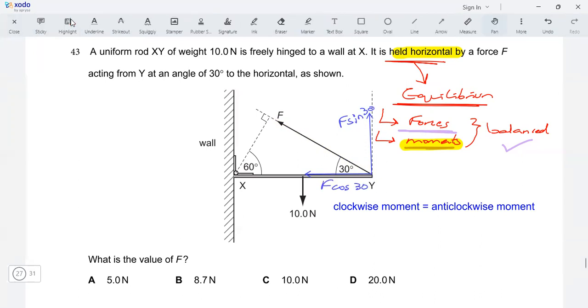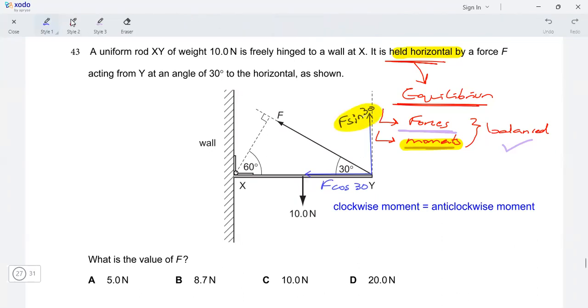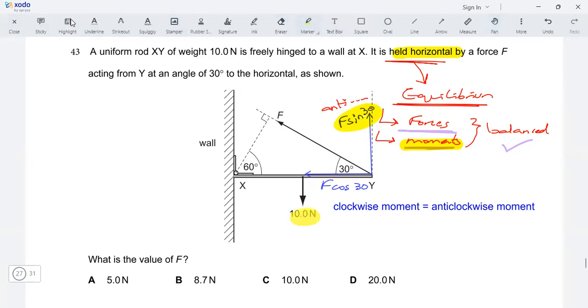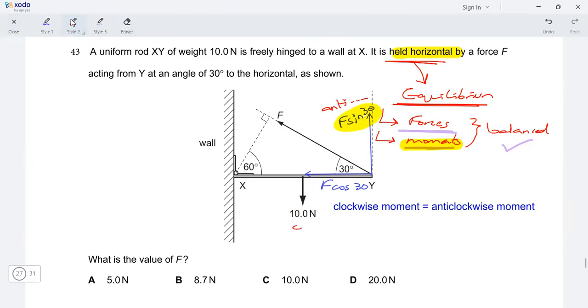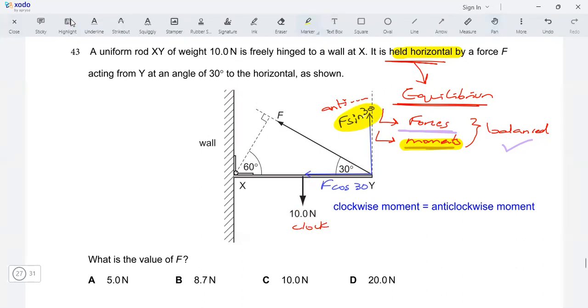Now let's consider the forces and their respective moments. This force would cause an anti-clockwise moment, and this force, the weight force down below, must cause a clockwise moment. And that's it.